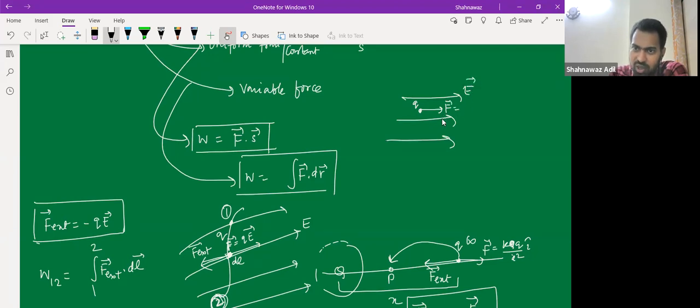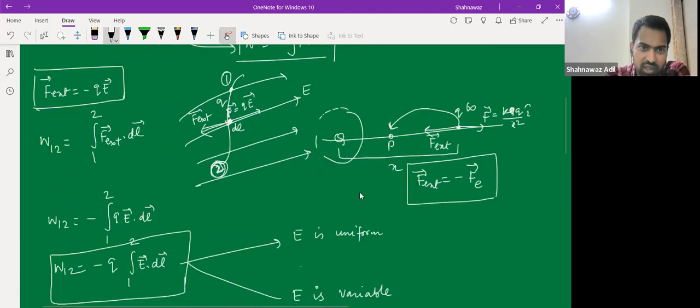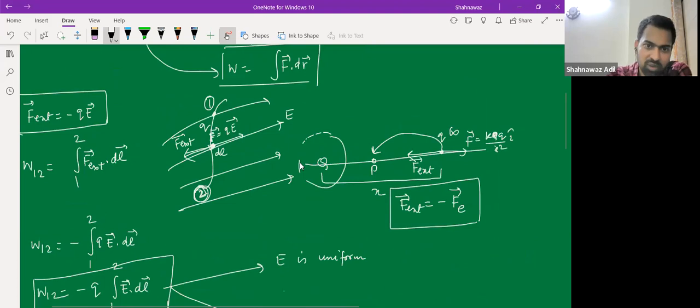And this would be QE. Due to this QE, there would be some external work done in the presence of the electric field.